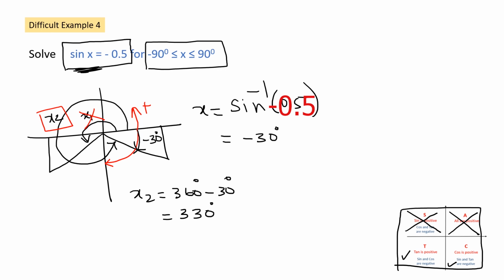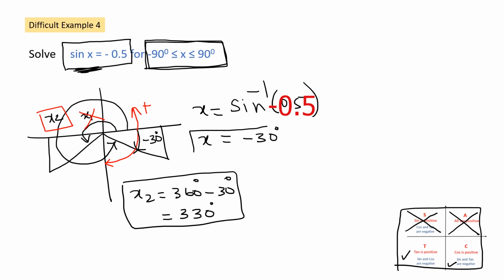However, in another way, if we go back anti-clockwise, this is the answer. However, we need an answer between minus 90 and plus 90. So we will go in the clockwise direction, which leads us to the solution x equal minus 30 for this question. Thank you. Please move on to the next video.